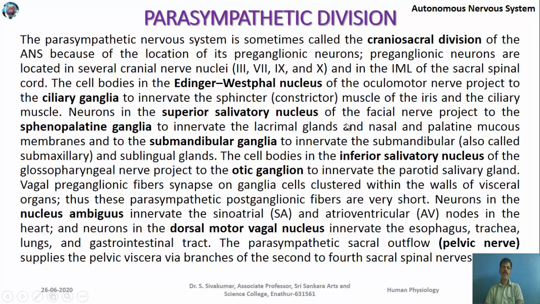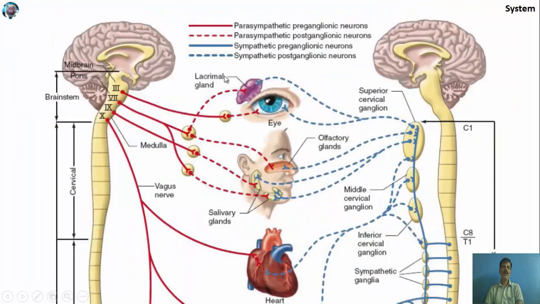In the diagram, the ganglionic region is shown in thick and thin lines. The thick continuous line is the parasympathetic preganglionic neuron. The dotted line is the parasympathetic postganglionic neuron. So this third nerve is going to provide its nerve to the eye for controlling the movement of the lens.